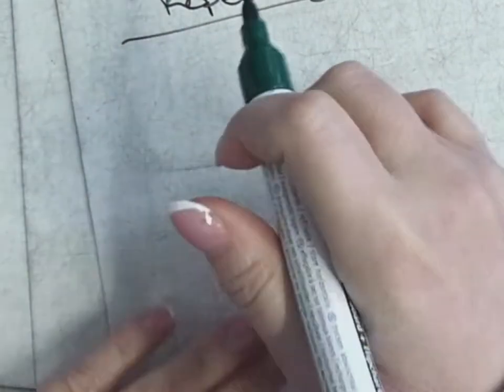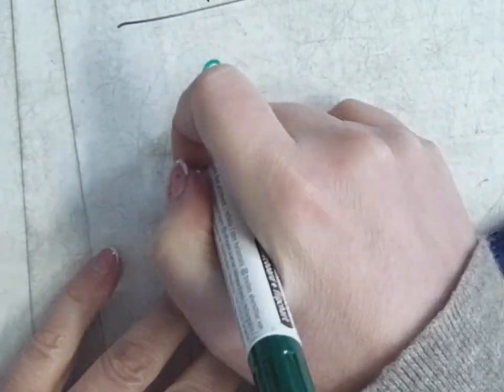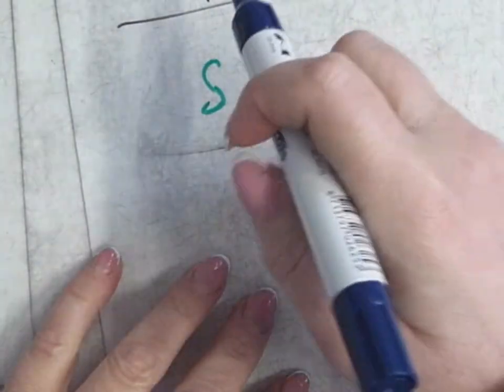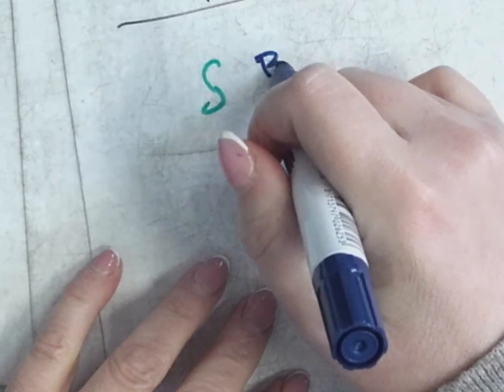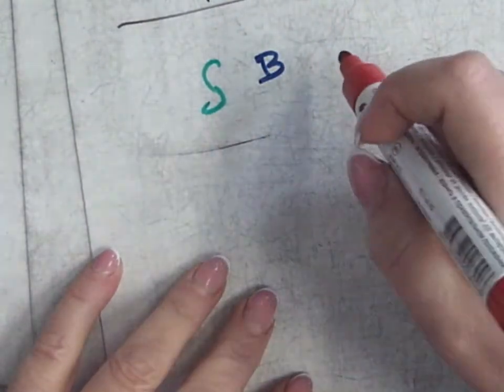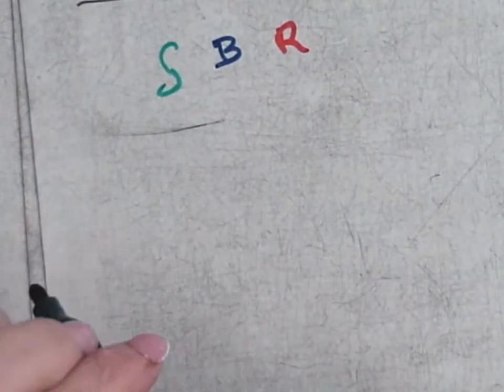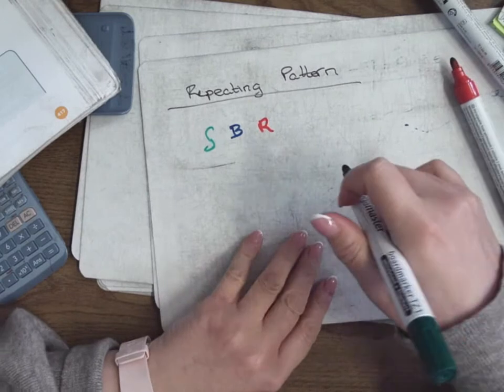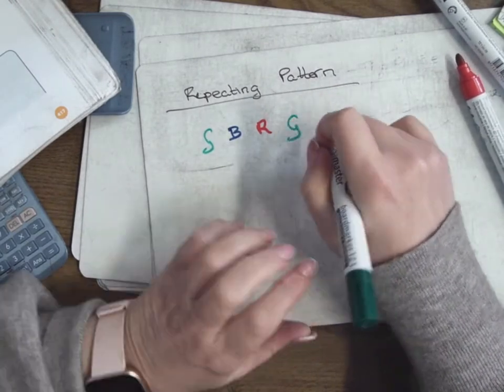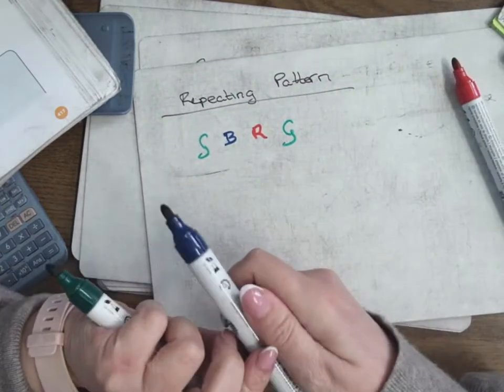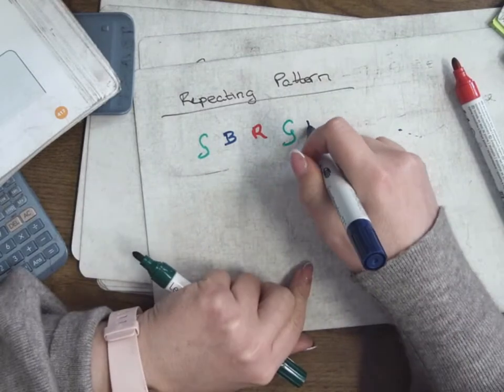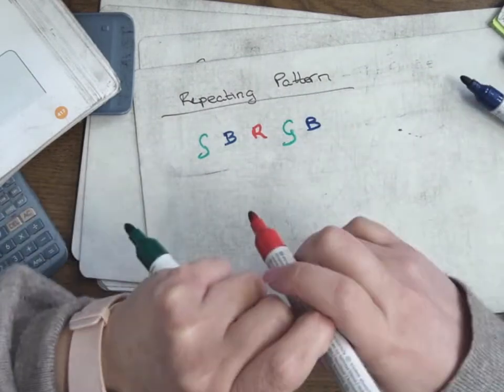So I'm going to go, there's a green, then there's blue, then there's red, then there's green. There's green, blue, red. Then there's green, blue, red.